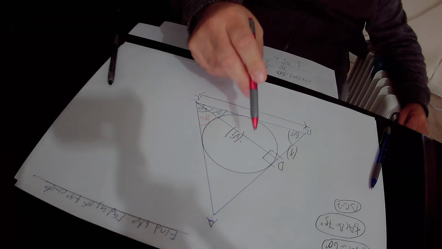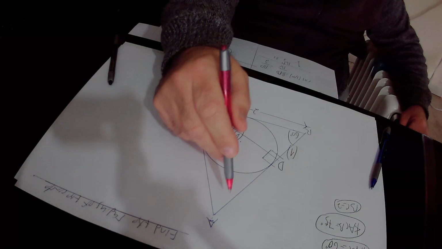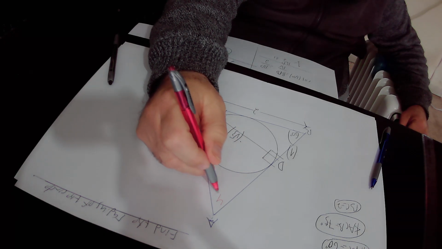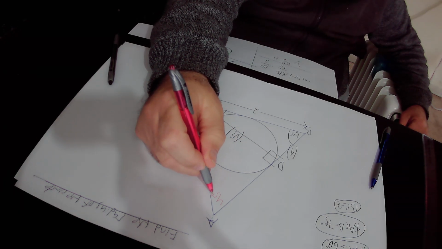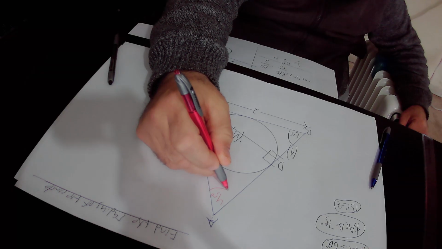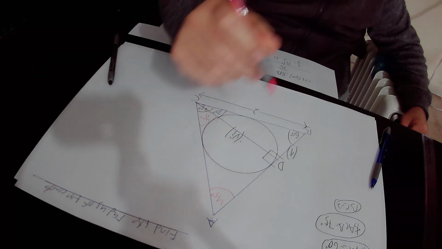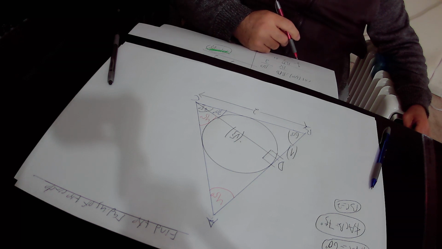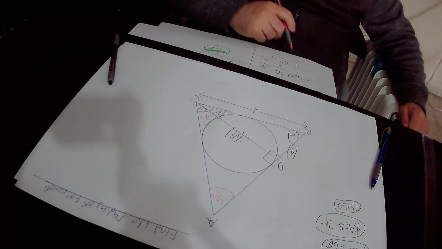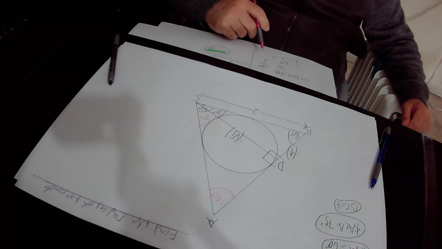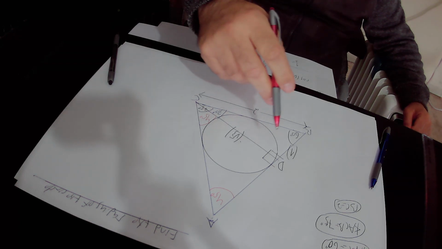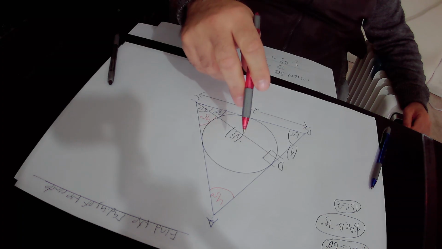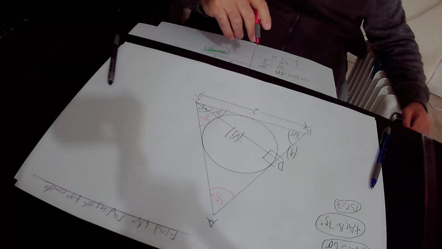So the missing angle here must also be equal to 45 degrees in its size, according to the rule that the sum of the angles in any triangle is equal to 180 degrees. So I will copy the right triangle ADC in the new page and we'll analyze this right triangle ADC.